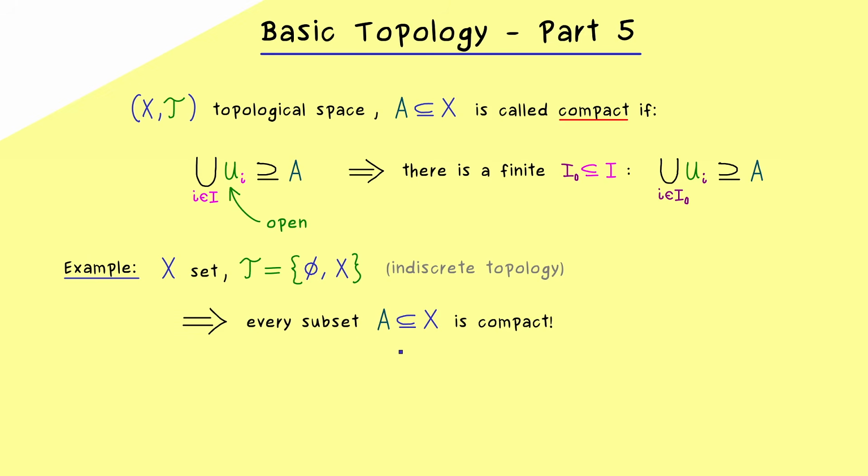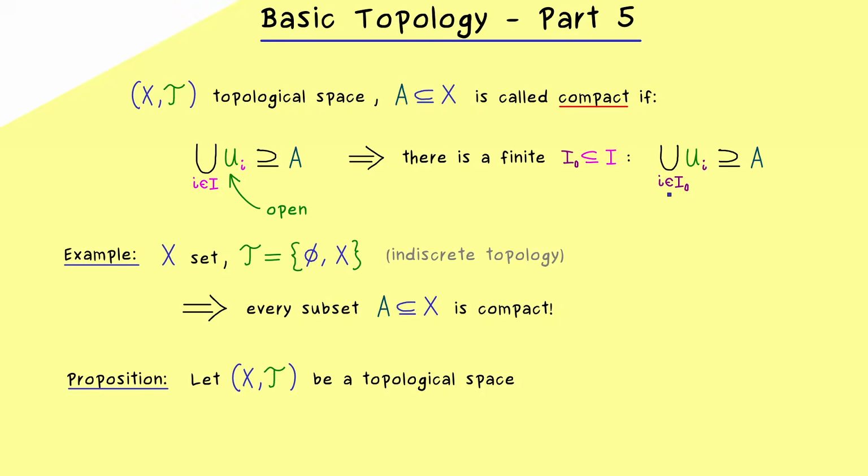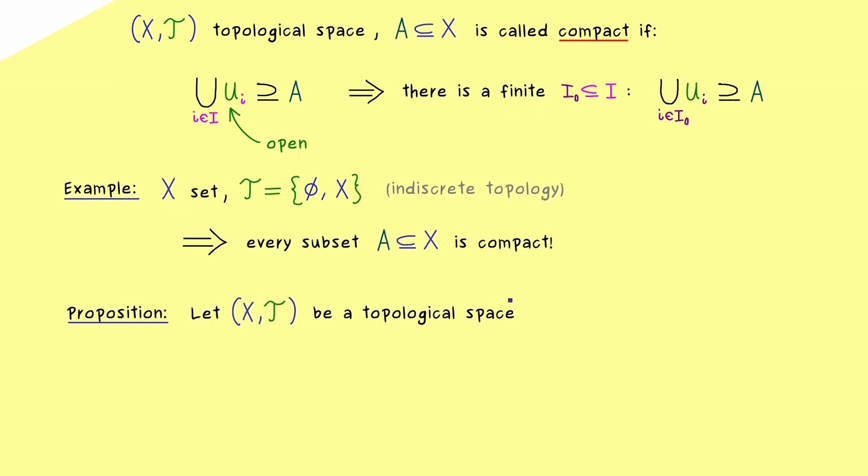Therefore, you should remember compactness always depends on the given topology. And for this reason, it's always nice to have general results that hold in every topological space. In fact, as already mentioned, we don't want to check the definition of compactness all the time, so it would be helpful to know something about subsets of compact sets. So if we already know that A is a compact set, what can we say about a subset of A?